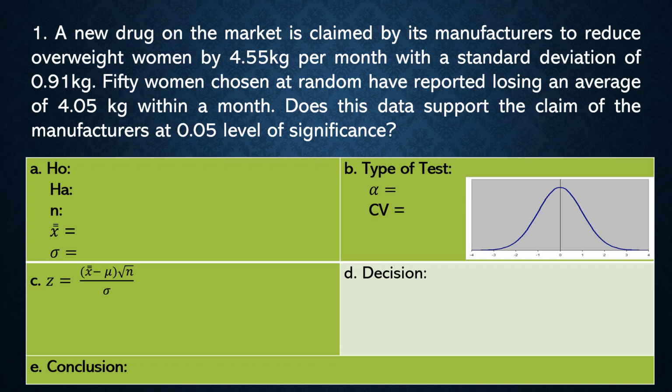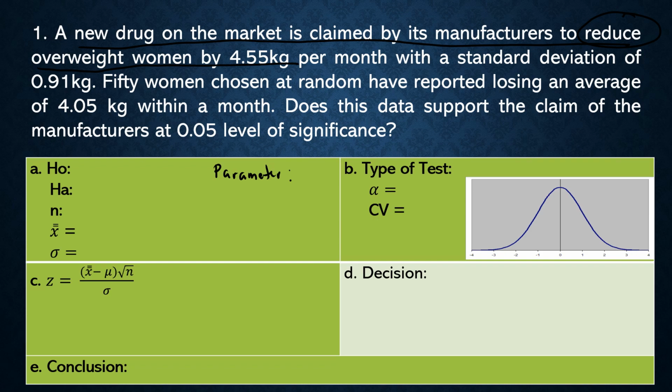So let's start. For number one, we're going to start with the parameter. Based on our problem, the new drug on the market is claimed by its manufacturers to reduce overweight women by 4.55 kilogram. Since there is a word, reduce, it implies less than.